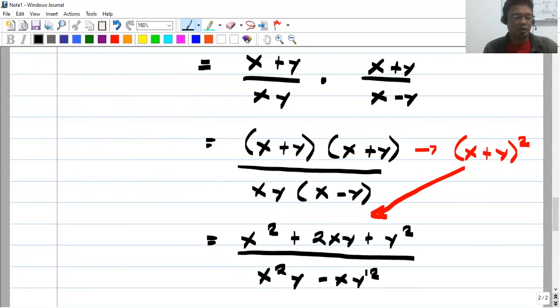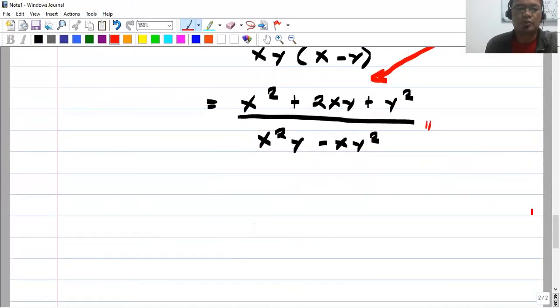So our final answer would be x squared plus 2xy plus y squared all over x squared y minus xy squared. Okay, so this is our final answer.